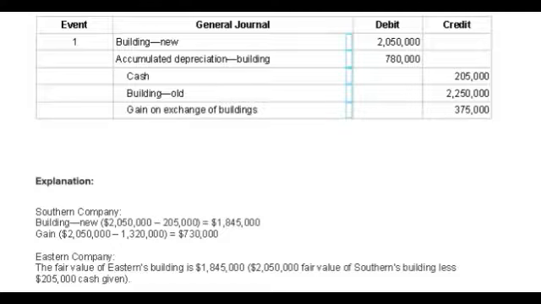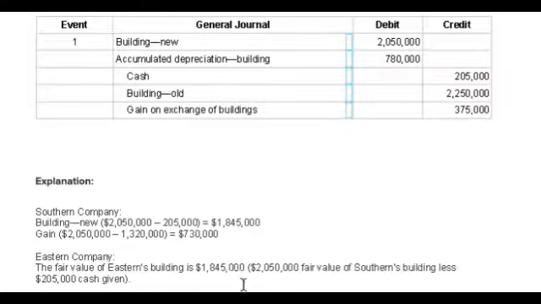So again, you may be wondering, how do we get 1.845 again? Well, going back to the original fair value of the building that Southern company gave up, it was 2.05. But because Eastern company's building had a lesser value, the Eastern company had to pay 205,000 to Southern company. So the value of the exchange must have been 1.845.